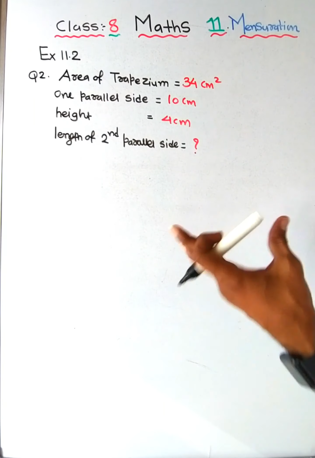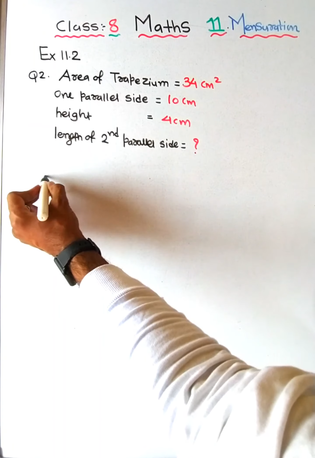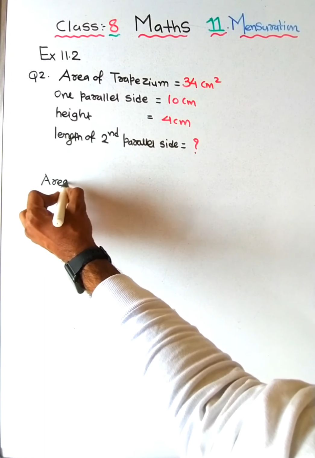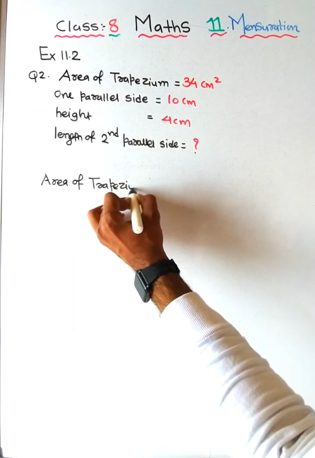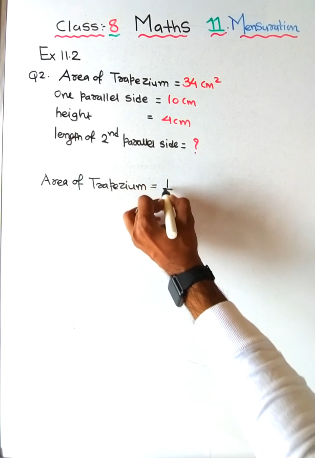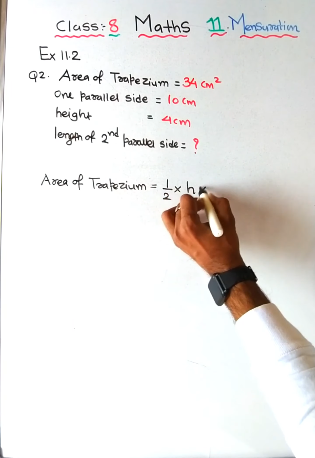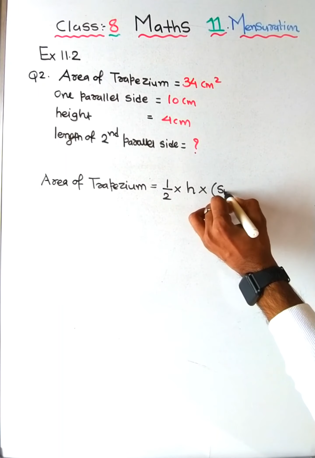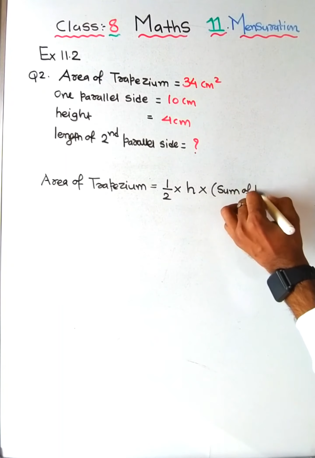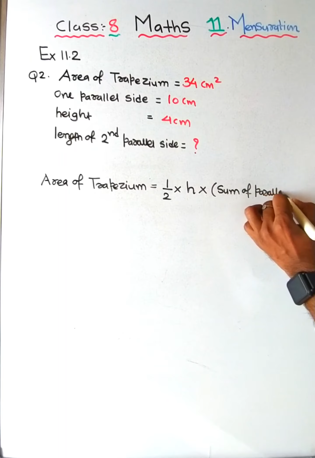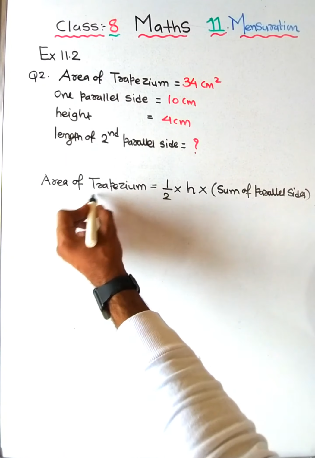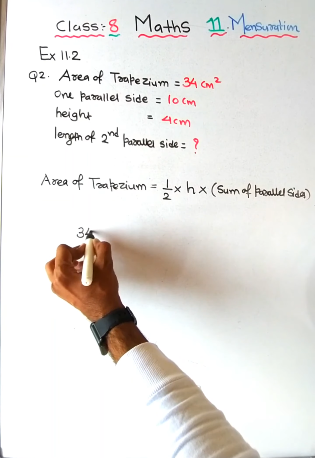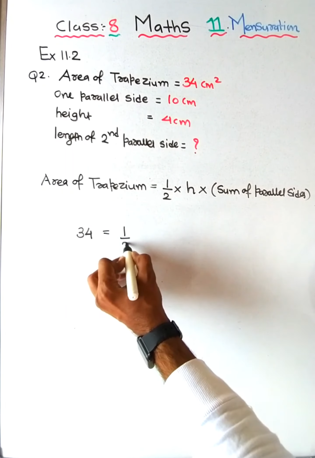So again we are going to use the same formula, that is the area of a trapezium. What was the formula? 1 by 2 into height into sum of parallel sides. So instead of area we'll put the value 34. This will be half.